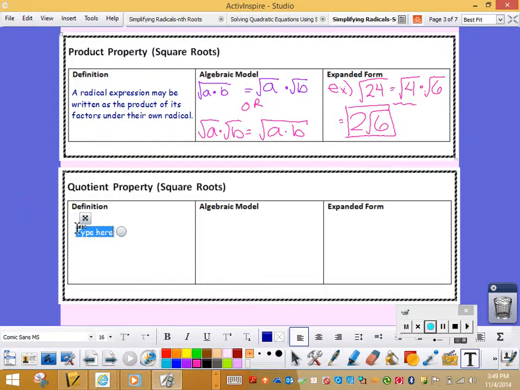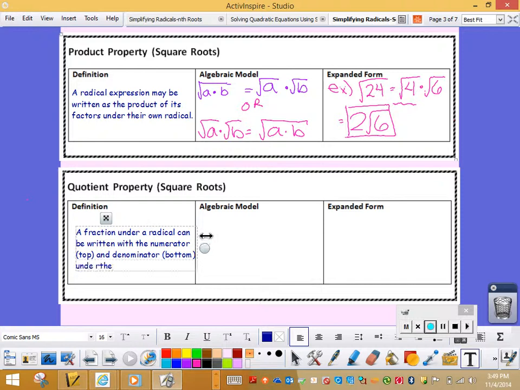Quotient property, the definition is a fraction under a radical can be, let me shorten this, can be written with the numerator, which is the top of your fraction, and the denominator, which is the bottom of your fraction, under their own radical.